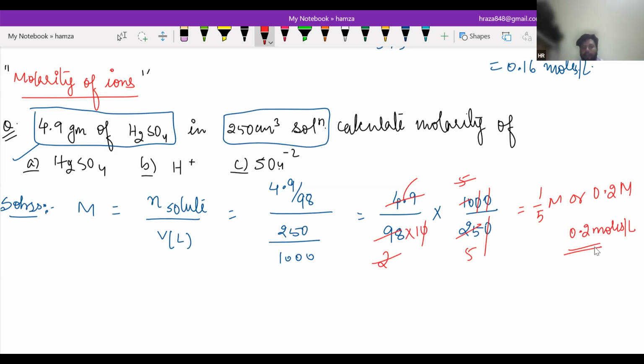How are we going to calculate molarity of H plus or SO4 minus 2 without finding molarity of H2SO4? We cannot calculate or find the molarity of H plus or SO4 minus 2. So first of all, write up to this, and then I'm going to explain molarity of ions.